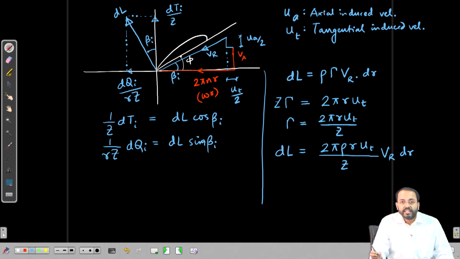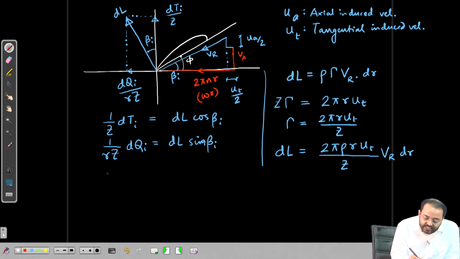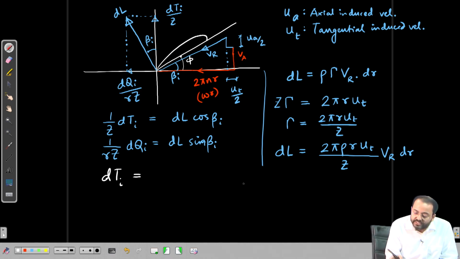Okay. So, we can write the sectional thrust and torque as dTi equal to dl cos beta i into z. Z will cancel out.